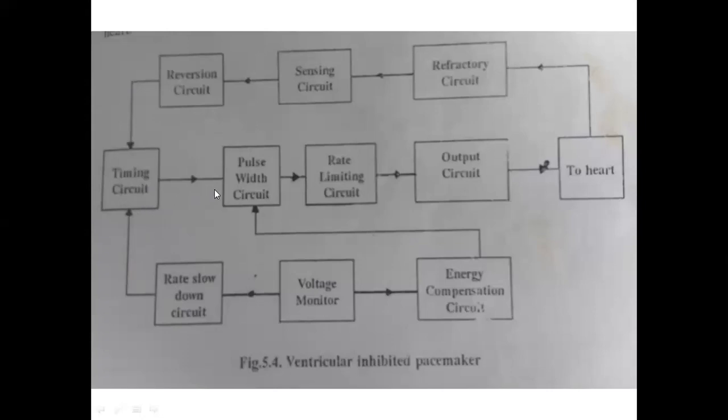The pulse width circuit is nothing but a multivibrator, and its pulses go to the rate limiting circuit, where the pulse rate is limited. It is then applied to the output circuit, which generally has an amplifier that amplifies the signal and applies it to the heart.